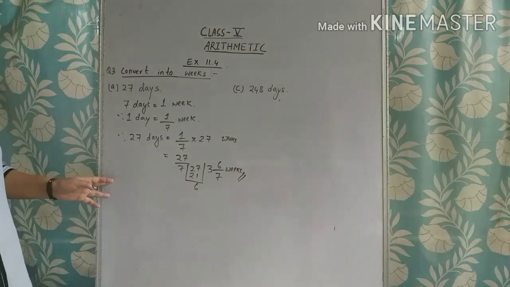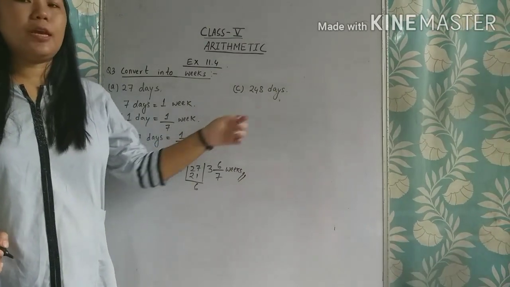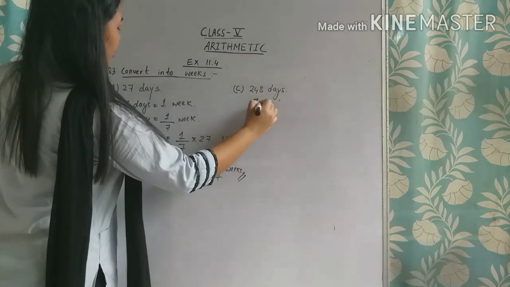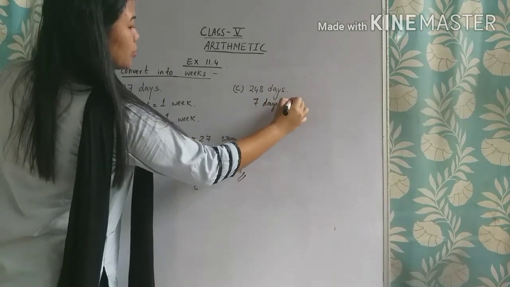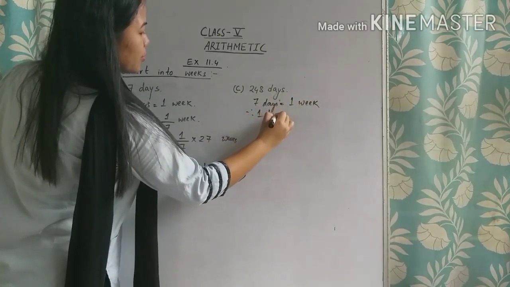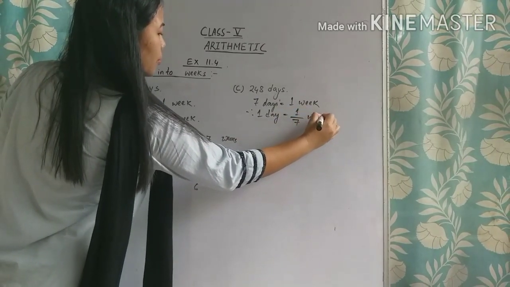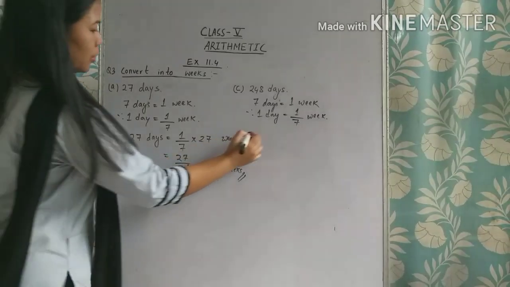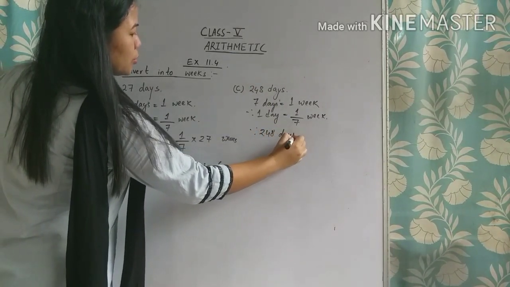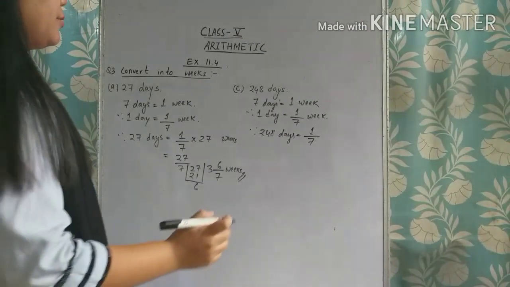Now next is C, 248 days. We know that 7 days is equal to 1 week. Therefore, 1 day is equal to 1 by 7 week. So now let us convert 248 days to weeks by multiplying with 1 by 7.